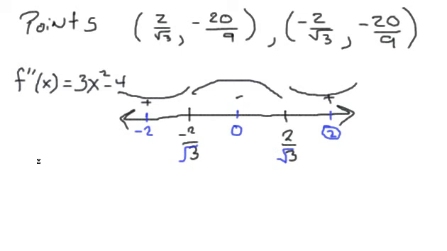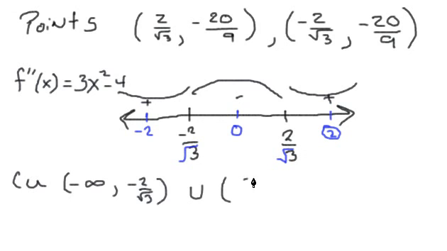So now we got our concavity, so we can say concave up from negative infinity up to negative 2 over the square root of 3. Now we also have another one. We can say union or whatever. I've just put a union because we're joining both these sets together.